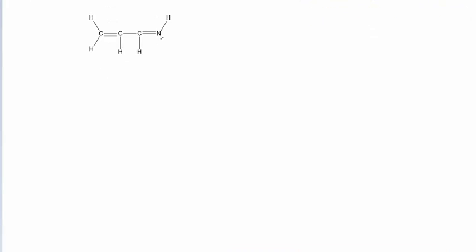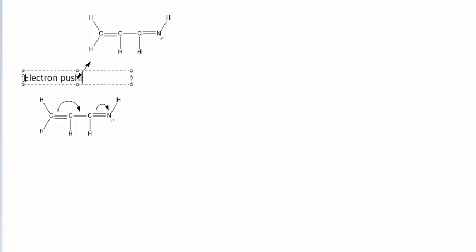The next thing we need to do is, once again, go through and do the electron pushing. So if we do the electron pushing, we pretty much have this going on. So I'll call this method 1. Shouldn't have that arrow really going on here.